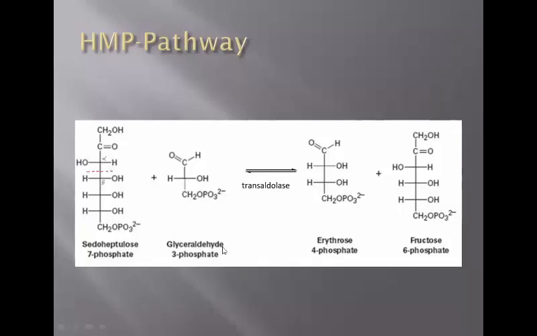So again another fructose 6-phosphate is formed, releasing erythrose 4-phosphate, which we saw received the 2 carbon or the keto group from xylulose 5-phosphate.